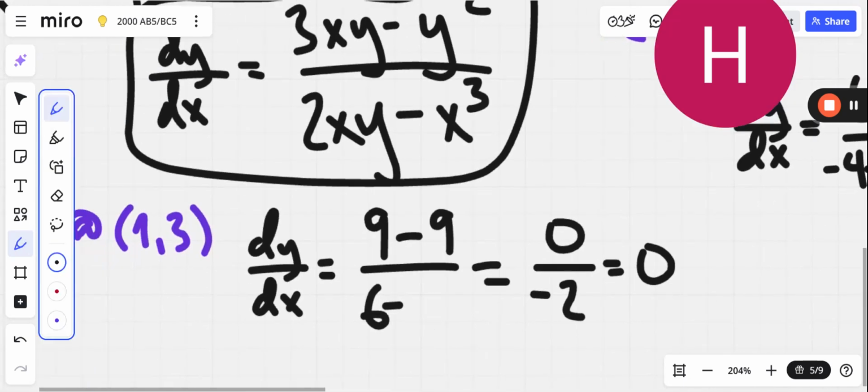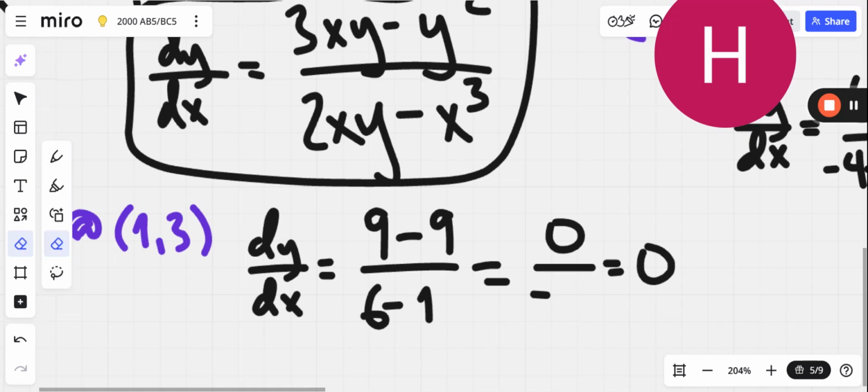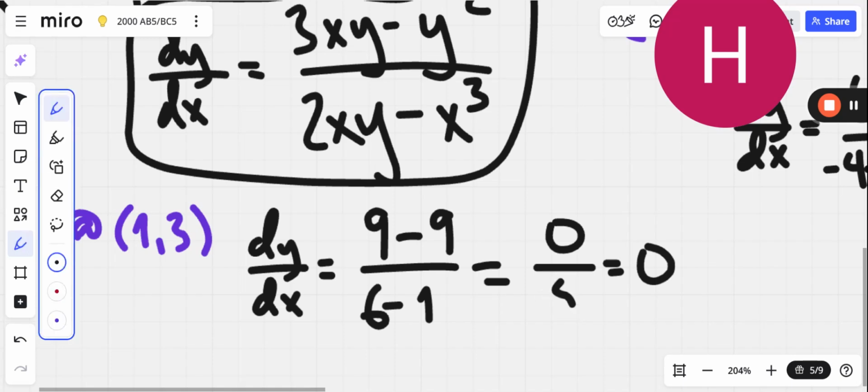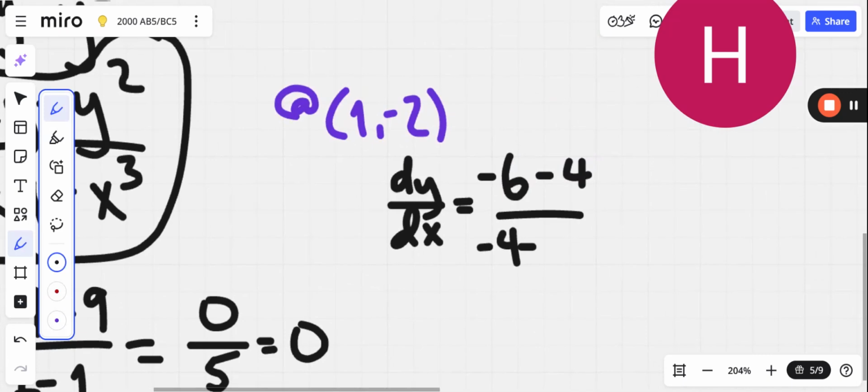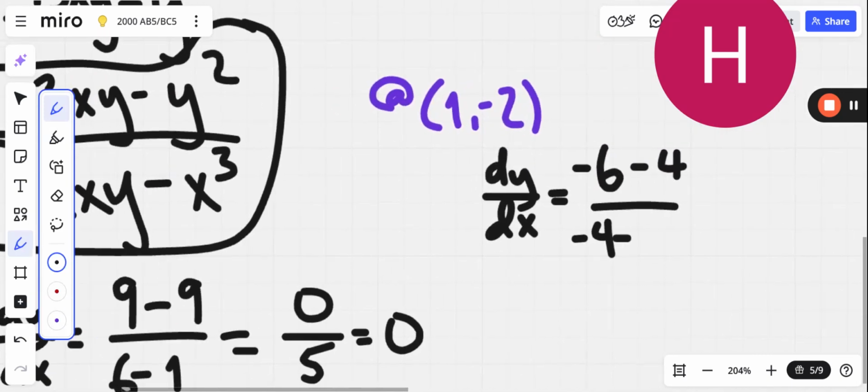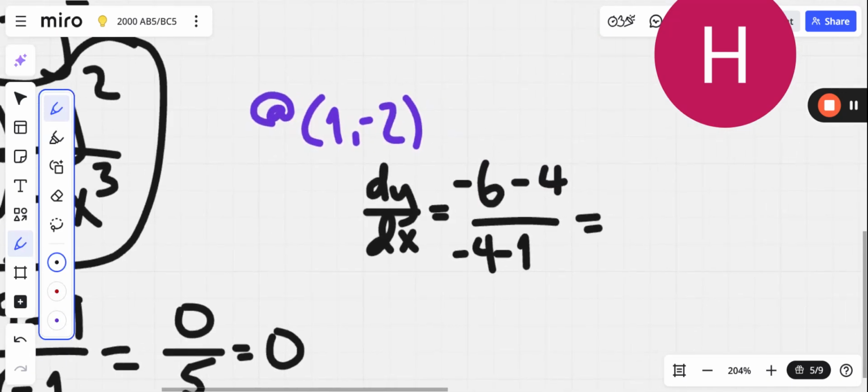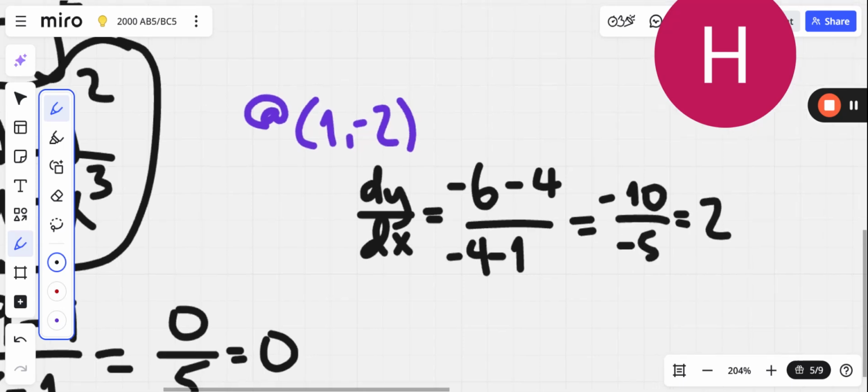That should have been minus 1. Still ends up being 0, but I just wanted to clarify that mistake. Negative 4 minus 1. So this becomes negative 10 over negative 5, which is a slope of positive 2.